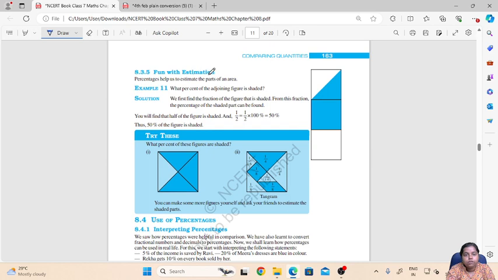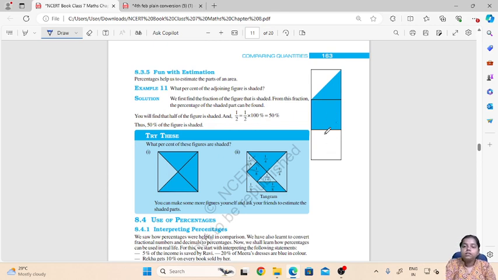Now here see, percentage with estimation they have given. With the help of percentage we can estimate the parts of an area. Here one figure is given. What percent of the adjoining figure is shaded, we have to find out. We have to write it in the form of fraction and also percentage.